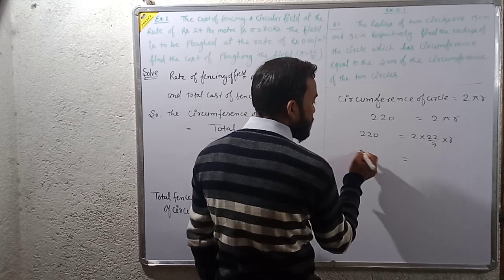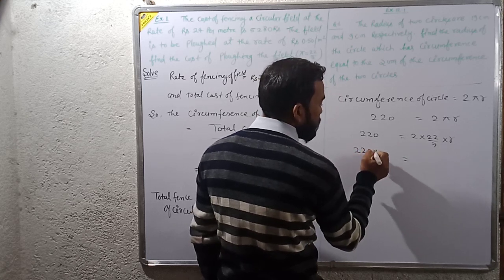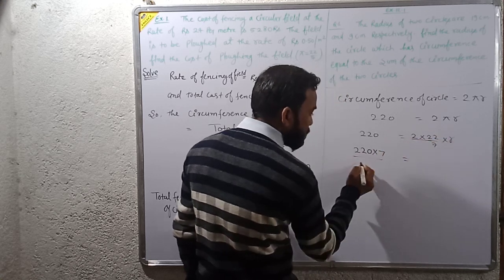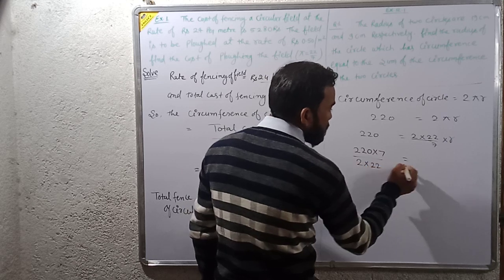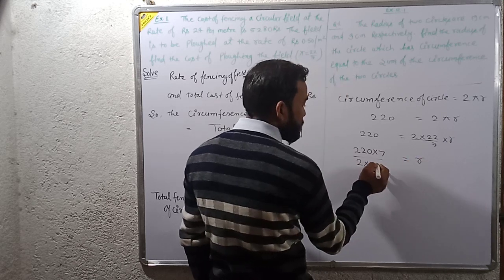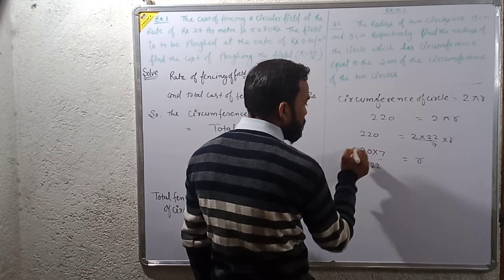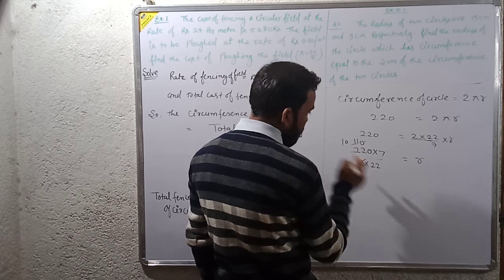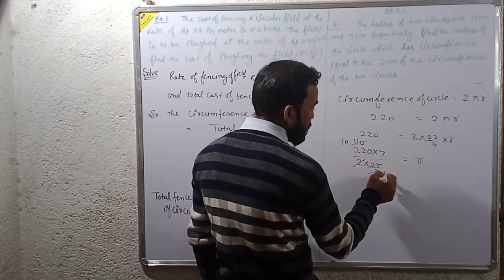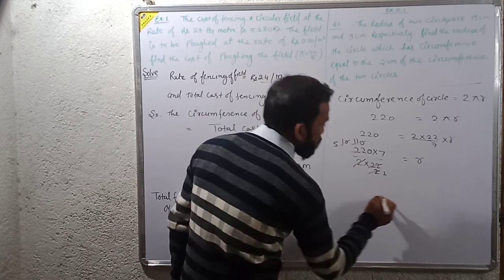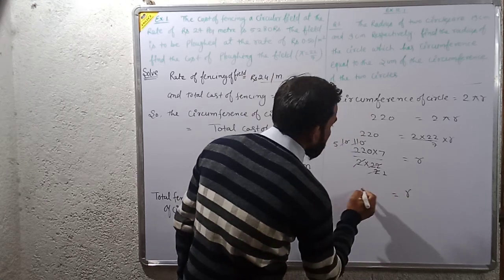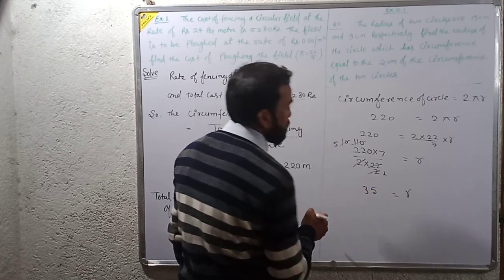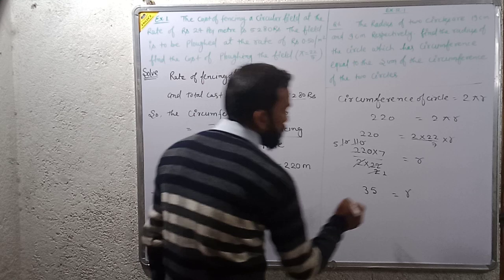This 7 will be transferred and become multiplied, and this will be transferred and become divided. This is cancelled out: 11 tens are 110, 11 twos are 22. So r is equal to 35 meter. Clear?